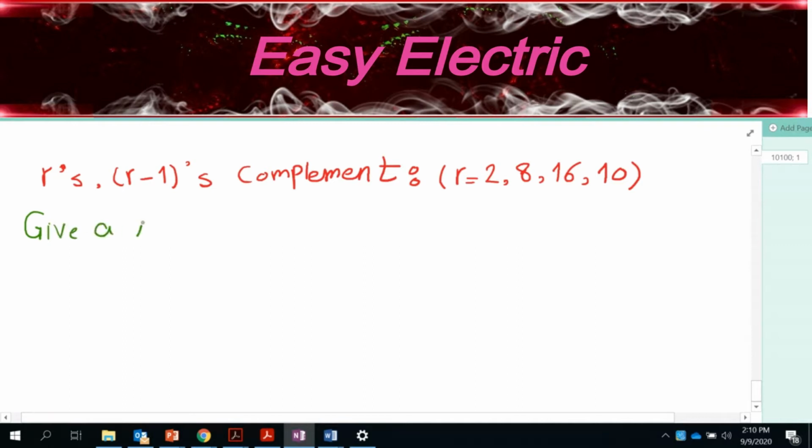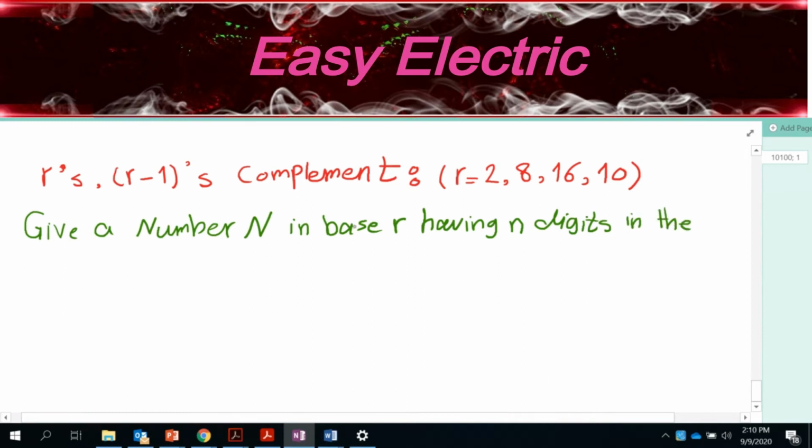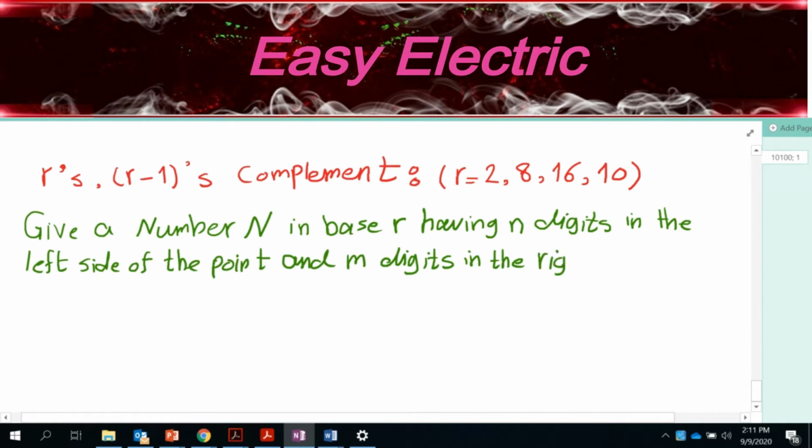Given a number n in base R, having n digits in the left side of the point, and m digits in the right side of the point, okay.